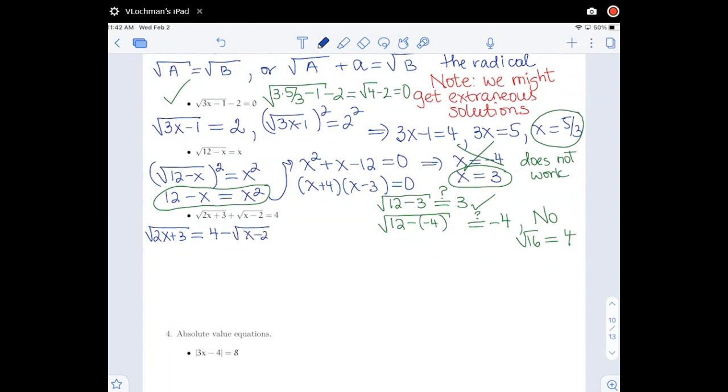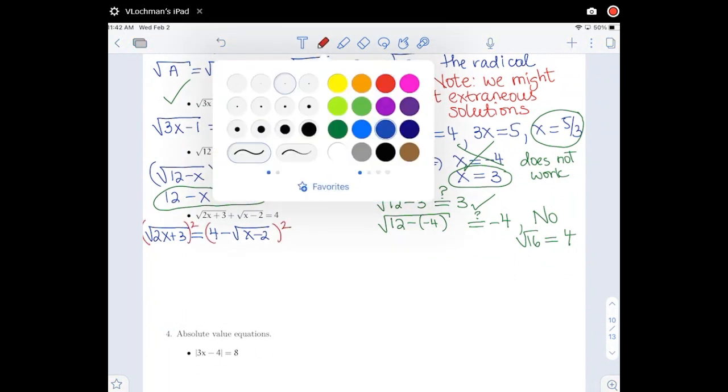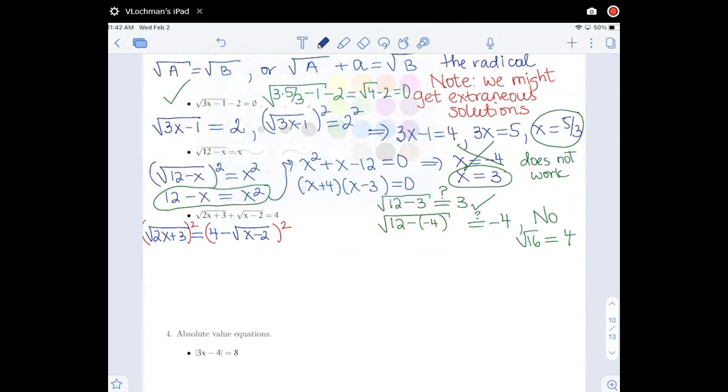I moved one of the radicals to the other side, and now I'm going to square each side. Now we have to be careful because I have a difference on the right. On the left, that's easy. That's just going to be 2x plus 3. On the right, I need to multiply this through, FOIL it, or just apply the formula for the binomial.